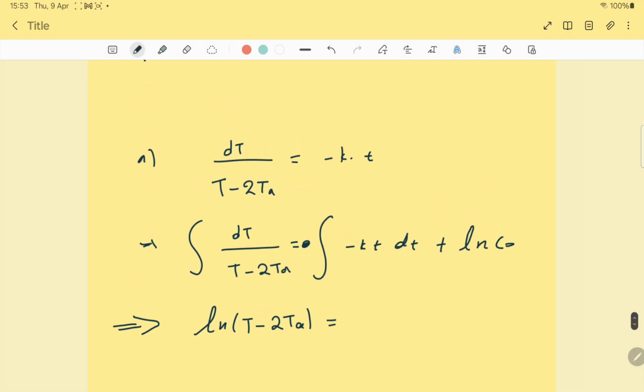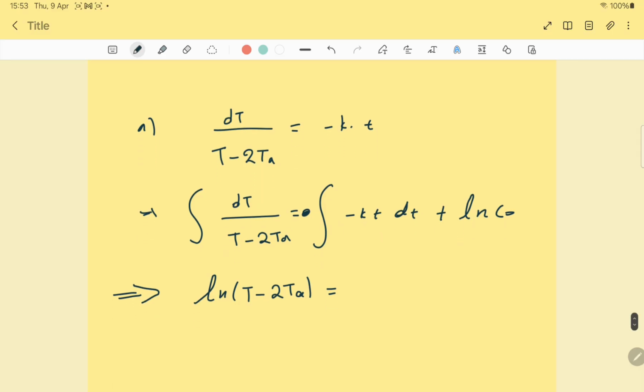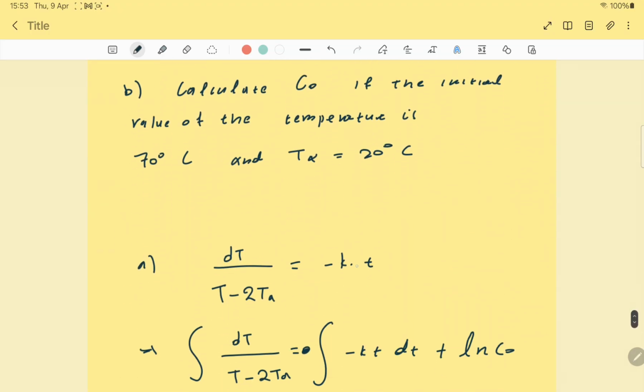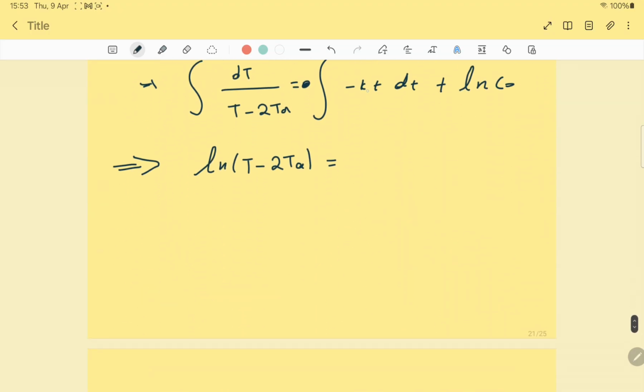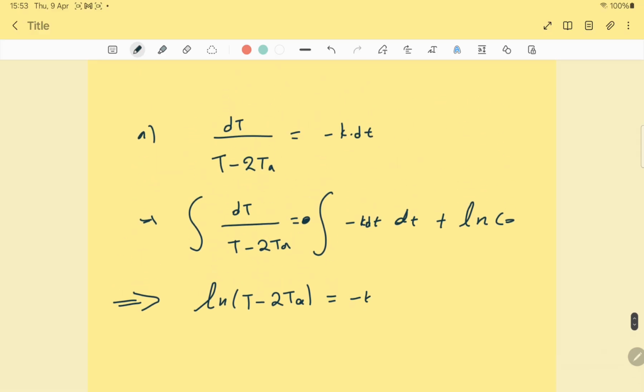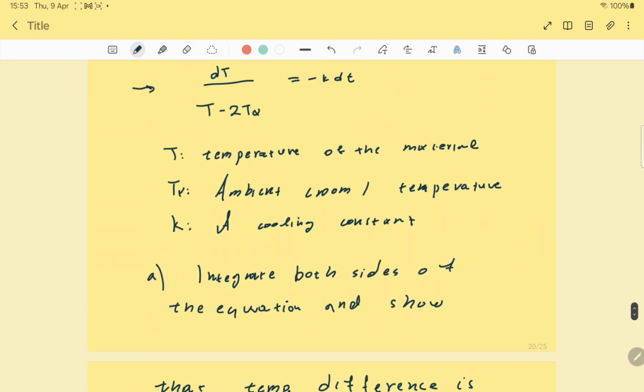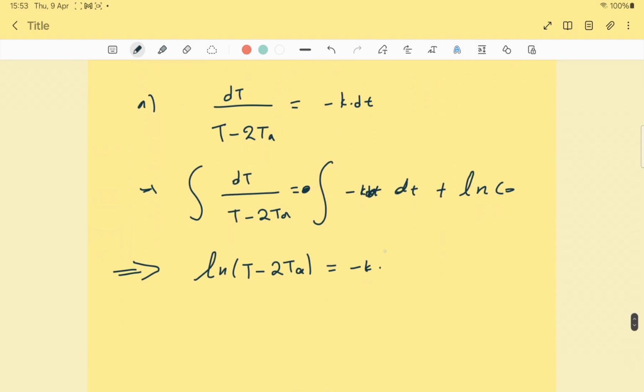So it's dt here, it's not T, dt. It's going to be minus k times the integral of dt. The integral of dt is just t plus ln C0.